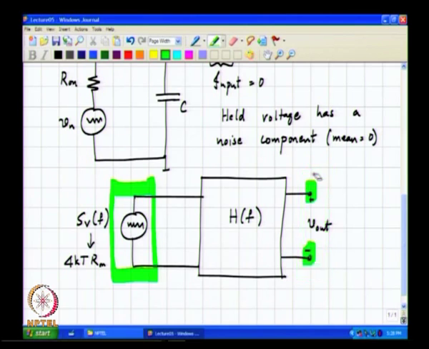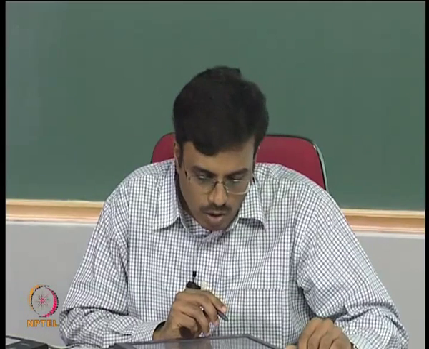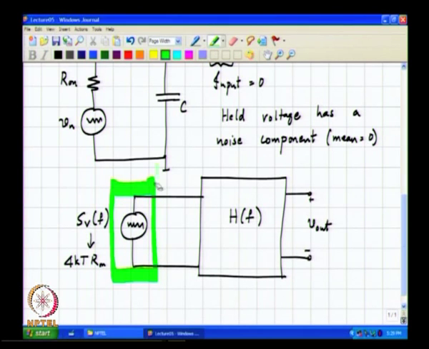So, what is the meaning of SV of f? What did we just discuss? What SV of f means is that if you take this noise voltage, conceptually pass it through a band pass filter centered at some frequency f naught with a bandwidth of 1 hertz, the mean square value at the output of this filter is going to be 4 kTR, right.